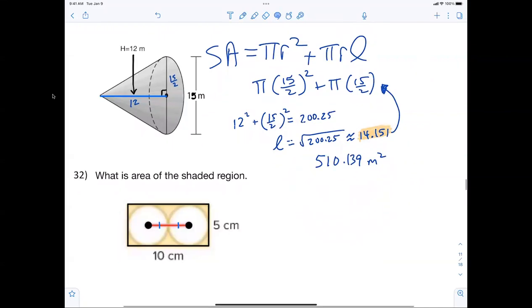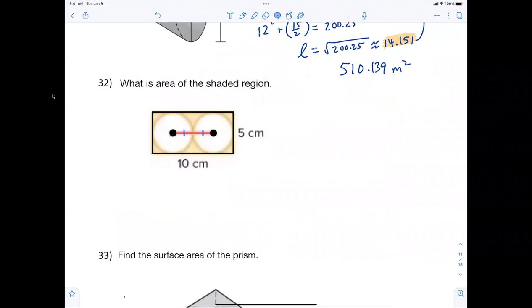Here we go. Shaded region. I did 50 minus 2 pi 2.5 squared. Tell me what that is. 10.73.